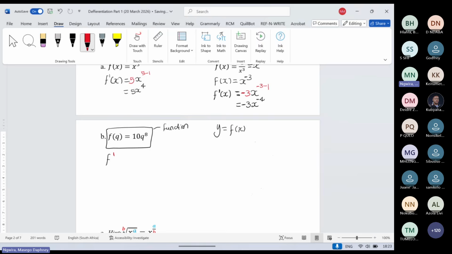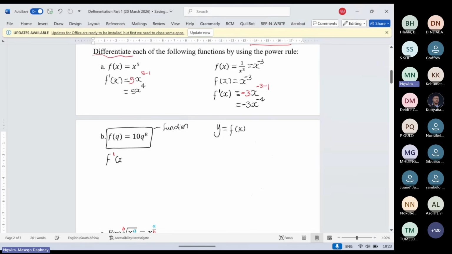which is a comma on top, then is equal to. The rule says that if you are given f of x is equal to, why am I putting x here? It's q, sorry. The rule says that if you are given k, a number, times x to the power of n, when you differentiate, you are going to say f prime x.